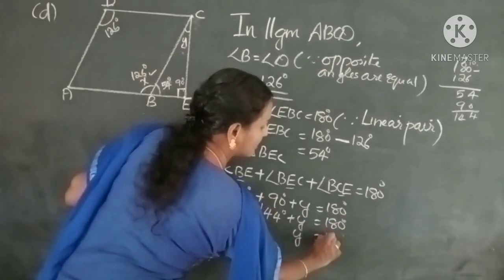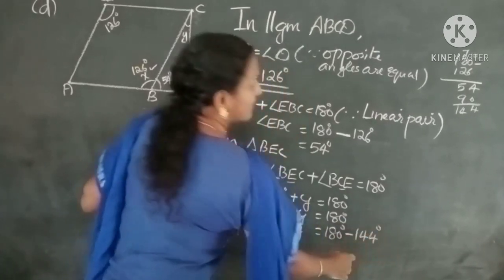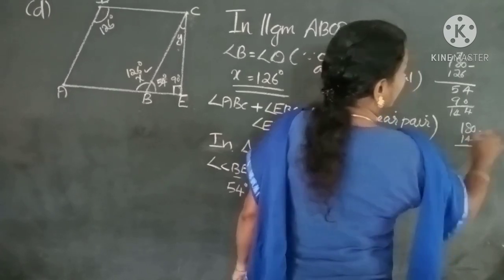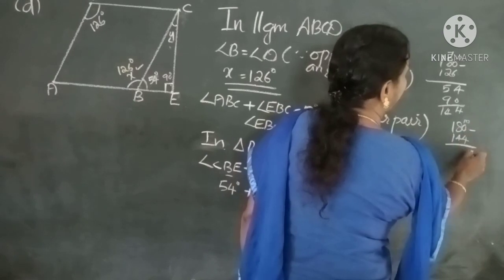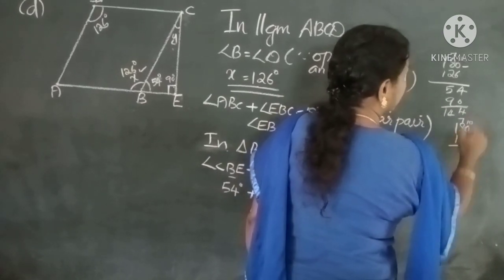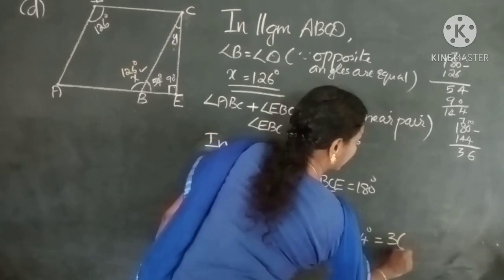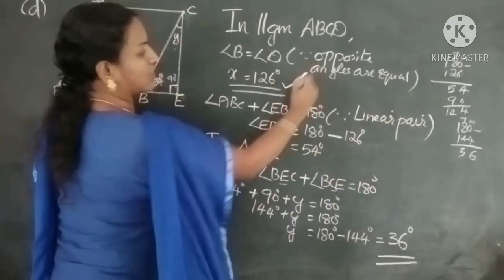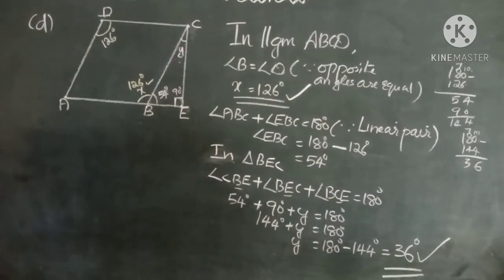So y is equal to 180 minus 144. 0 minus 4 is not possible, so 10 minus 4 is 6, 7 minus 4 is 3. So y is equal to 36 degrees. So x is equal to 126 and y is equal to 36.